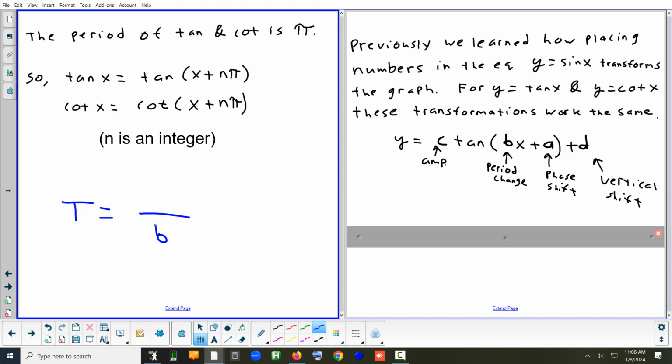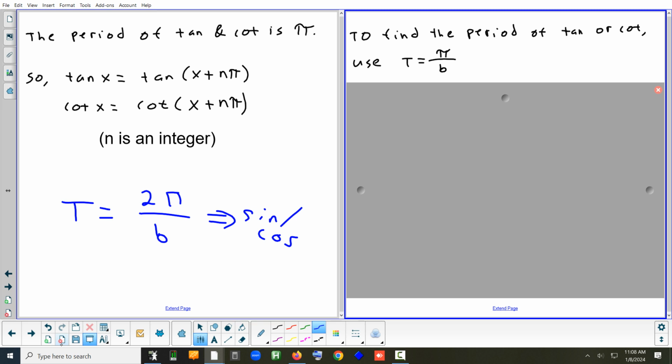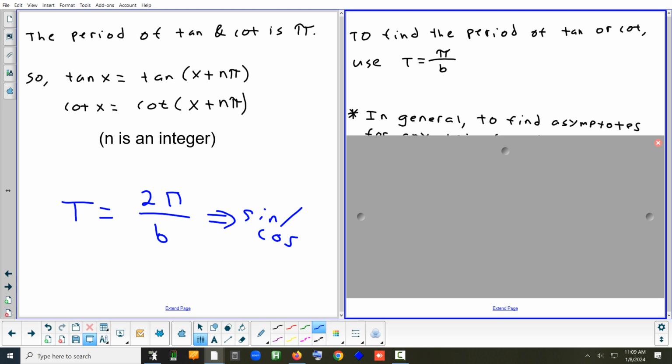But it wasn't pi over B, it was 2 pi over B. Okay, this was for sine and cosine. Well, when we do tangent and cotangent, it's not 2 pi over B, it's 1 pi over B. In general, the formula for finding the period is always the original length divided by B. And the original length for tangent and cotangent is pi.